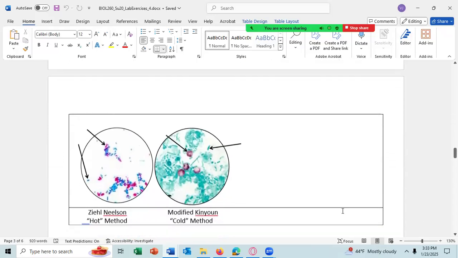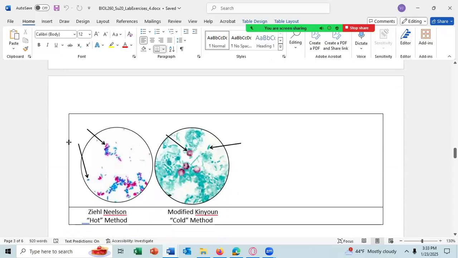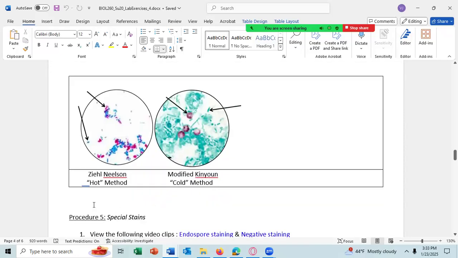If you can, put your answer right by the arrow, but if you cannot, you can put it either here or here. Do something like in the first picture, the leftmost arrow is state what it is, acid-fast positive, acid-fast negative. And the second arrow is state what the arrow is.